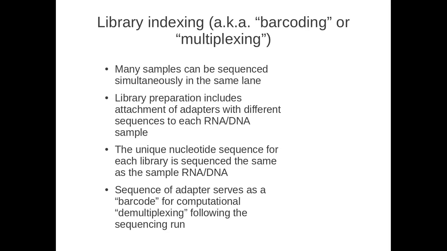So the way that we can distinguish the reads is by attaching the barcode to the adapter. The barcode is a known sequence, and we sequence through that barcode during the sequencing process, which allows us to then computationally infer which library the individual sequenced reads originally came from.